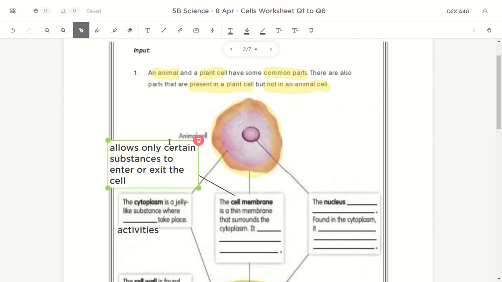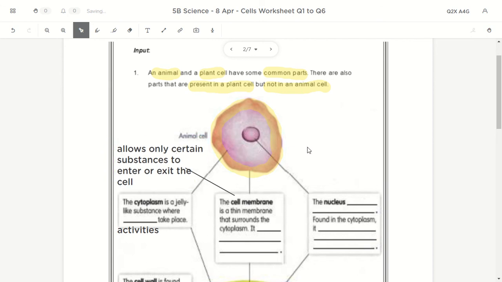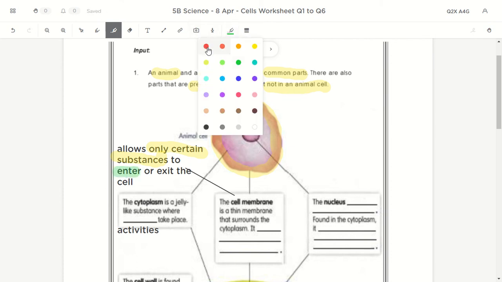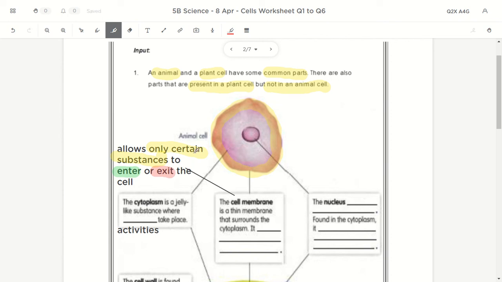So what's the function of the cell membrane is that it allows certain substances, only certain substances, to either enter or exit the cell. Okay, it's like a gateway. So the cell membrane is like a gateway. It controls things that enter the cell.